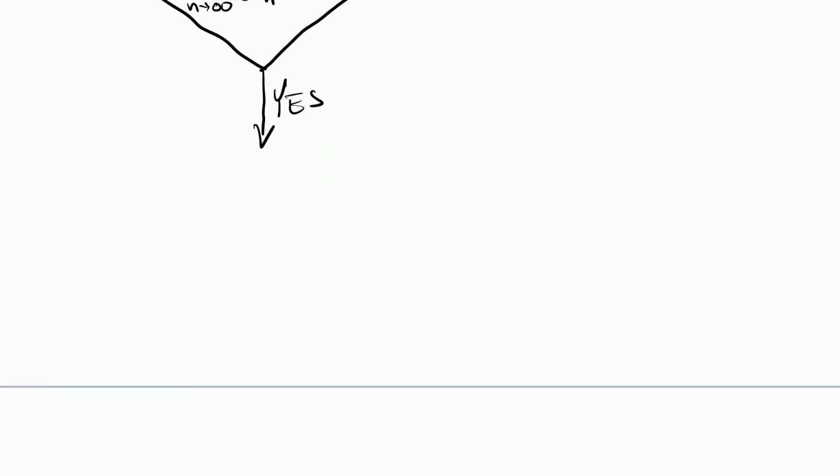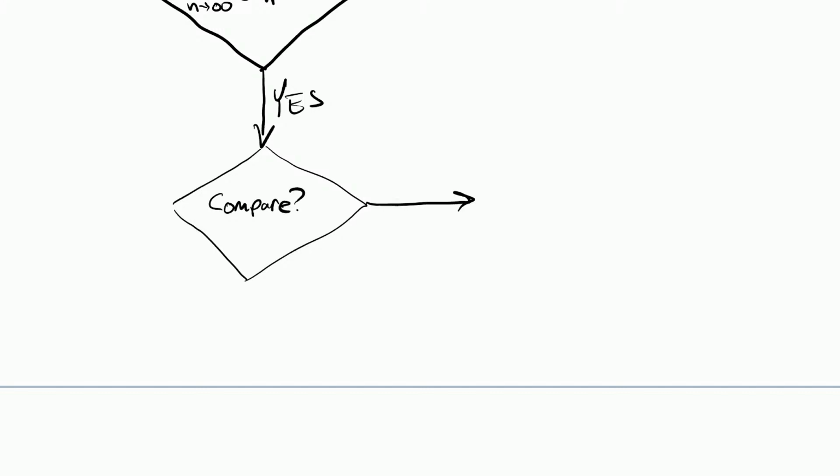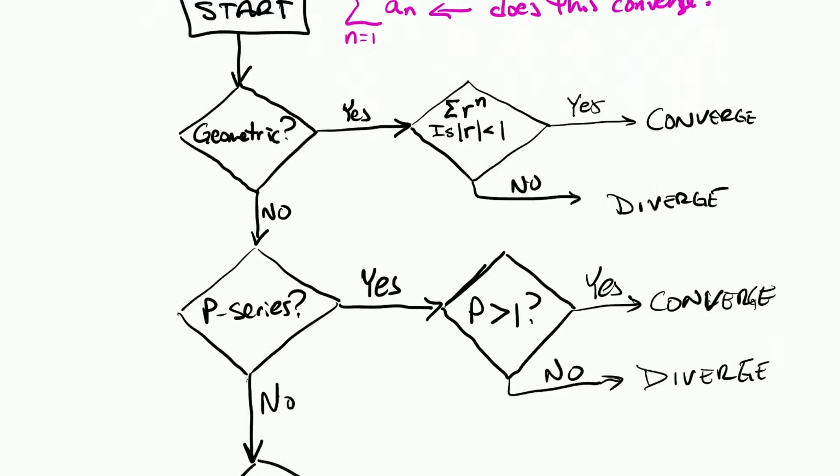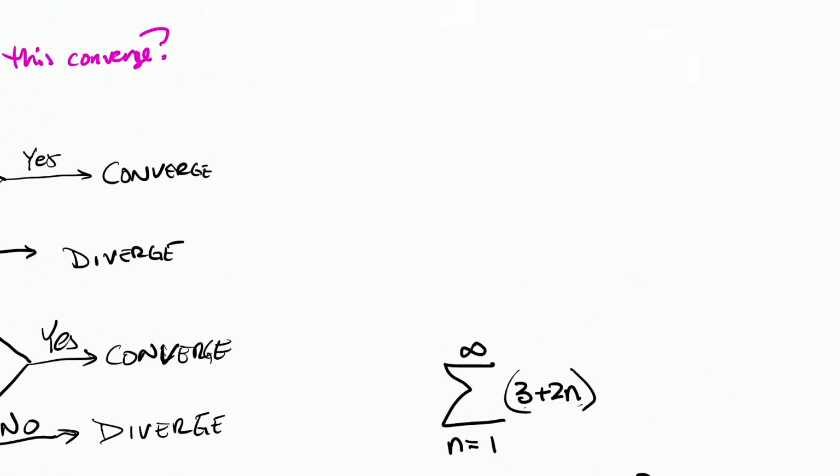But what we were supposed to do today is the next one, and that is the comparison tests. Can we compare? If you can compare, it's powerful. What I mean is, can I compare my series to one of the series that I know converges? For example, 1 over 2 to the n converges.